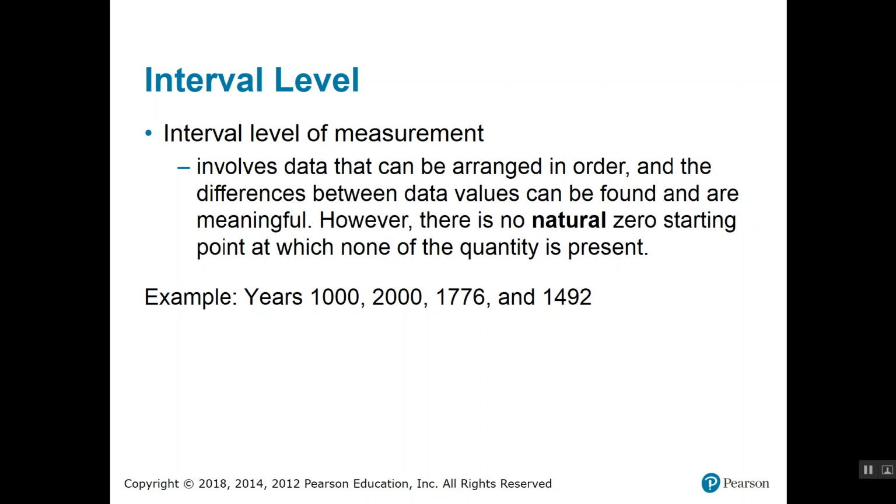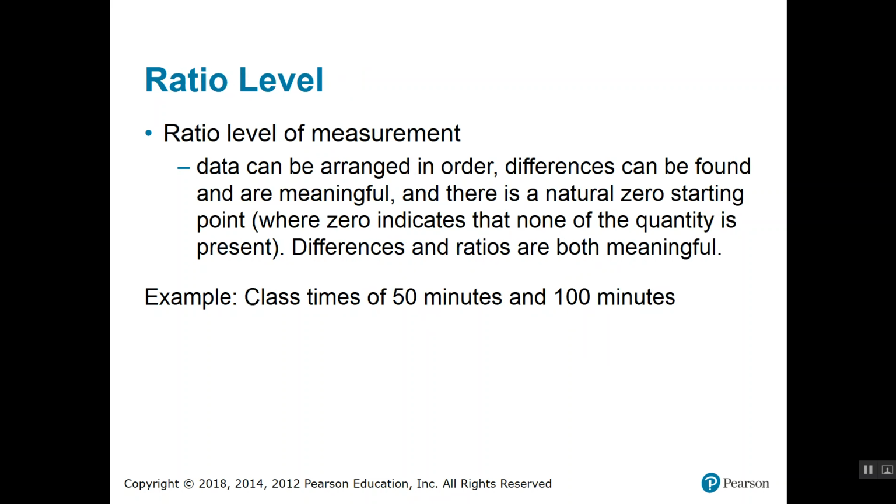I can do both sides. Another example of an interval level is when you think about temperature. We have temperatures that are in the positive, we have temperatures in the negative, and even 0 doesn't necessarily mean anything because we have 0 degrees Fahrenheit, 0 degrees Celsius, they don't mean the same. So if it has no natural 0, but I can put them in order and that part does have meaning, then it is an interval level. Not many things out there are interval level though.